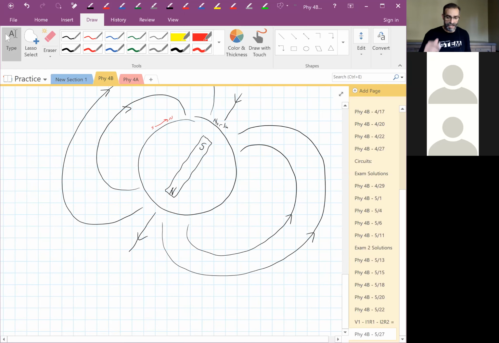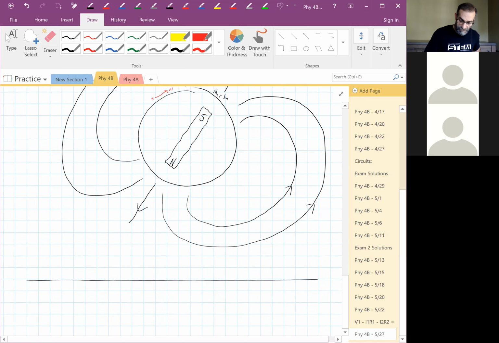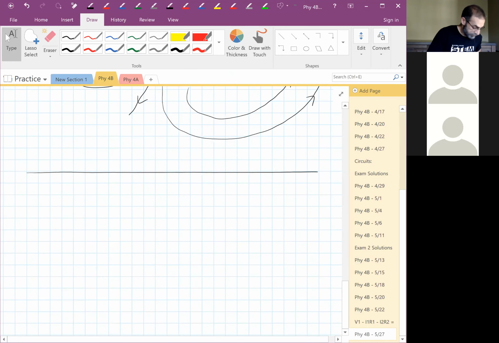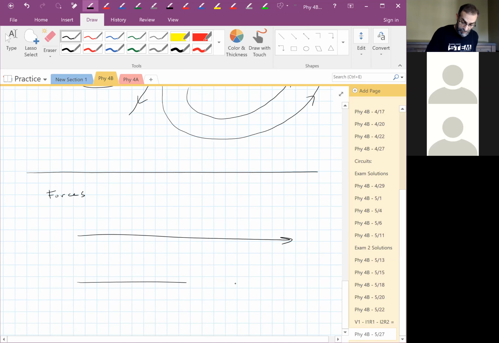So let's talk about forces. And that'll show you that we can detect the direction of the magnetic field. Okay, let's have a magnetic field.